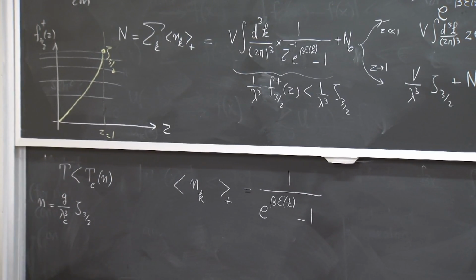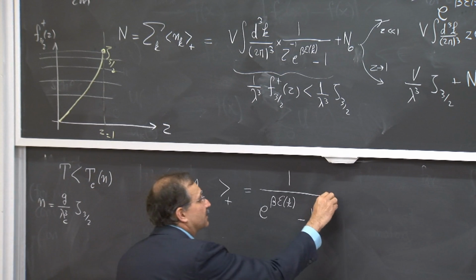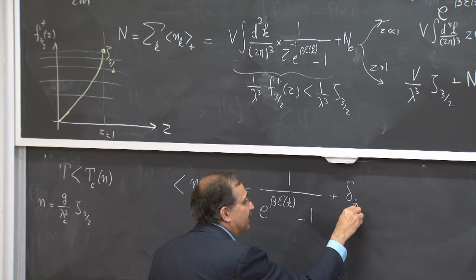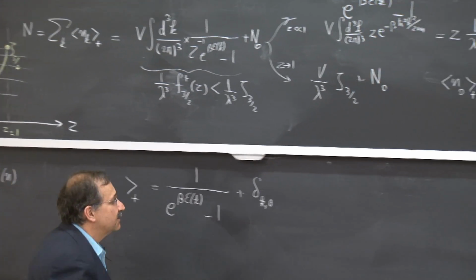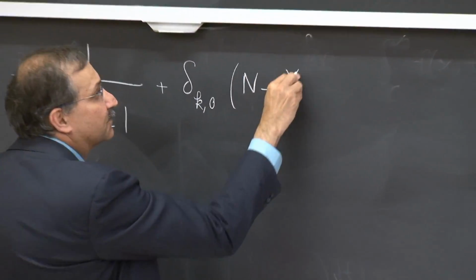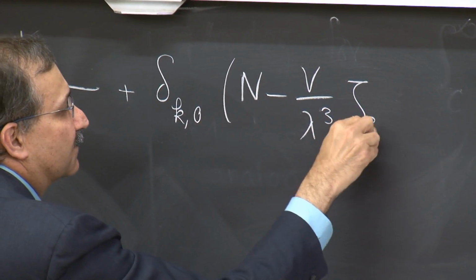But then at k equals to 0, which I can indicate by some kind of a delta function, I have everybody else, which is this n minus v over lambda cubed zeta of 3/2.